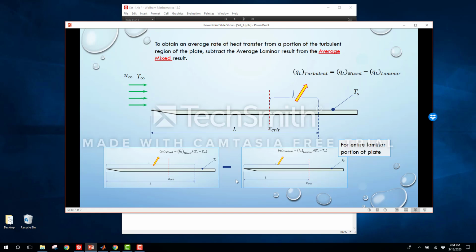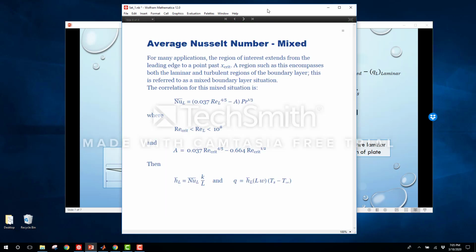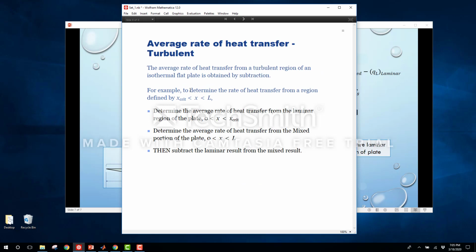So instead of actually getting a correlation for the Nusselt number, you're just utilizing the values of the heat rate for the mixed condition and the heat rate for the laminar condition, and utilizing the two of them to get the heat rate from a specified region of the turbulent region over the plate. And I'm expressing that here: the average heat transfer from a turbulent region of an isothermal flat plate is obtained by subtraction.